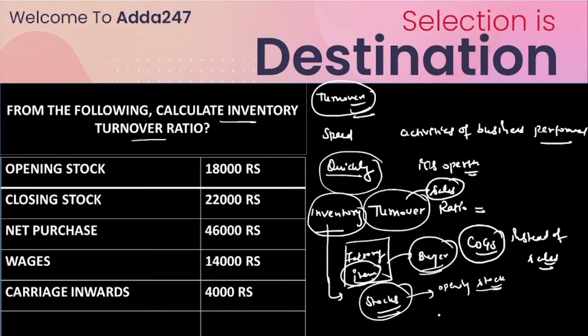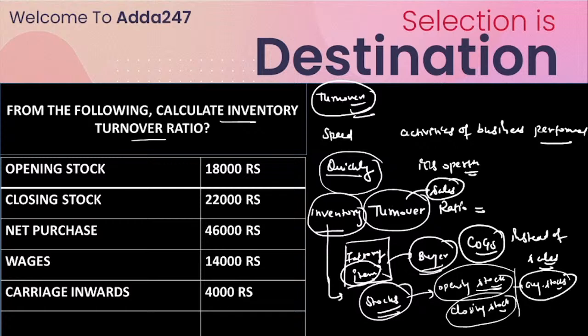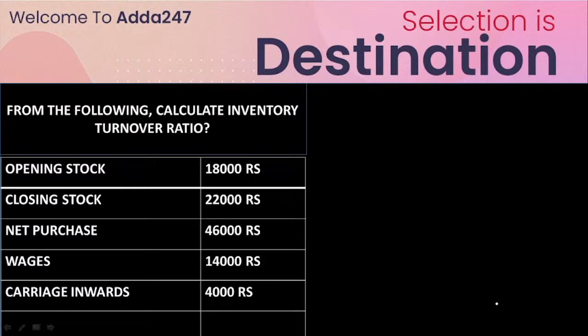After purchases, if the sale is done, the remaining stock is known as the closing stock of a firm. So in terms of stock, we talk about the opening stock as well as the closing stock. While considering the stocks, we always write average stocks, which is equal to opening stock plus closing stock divided by 2.